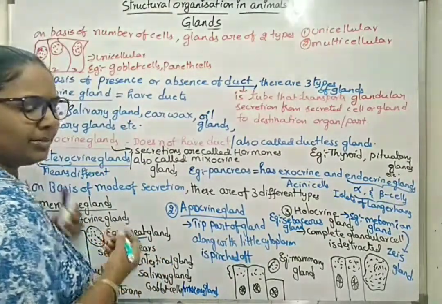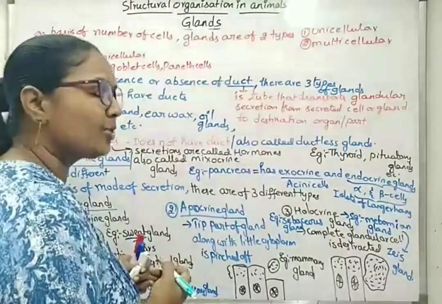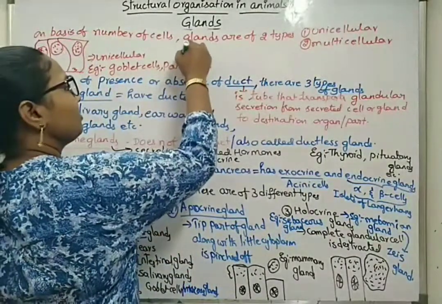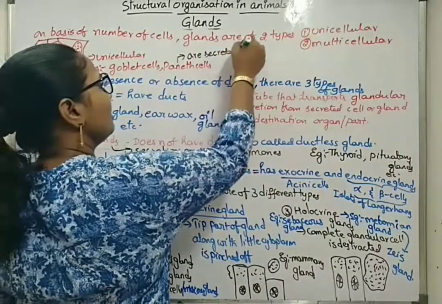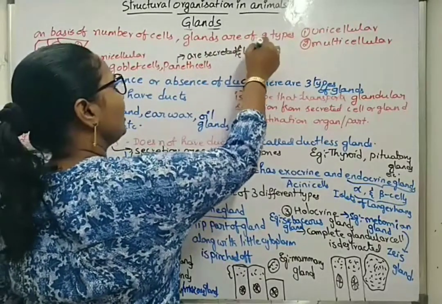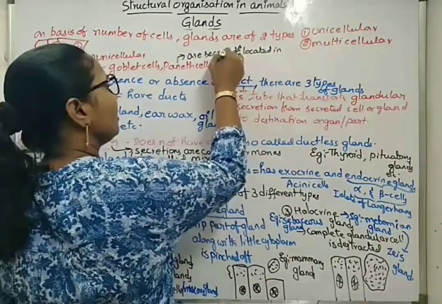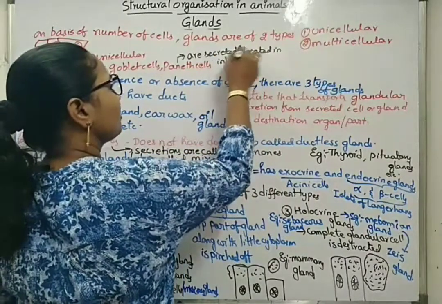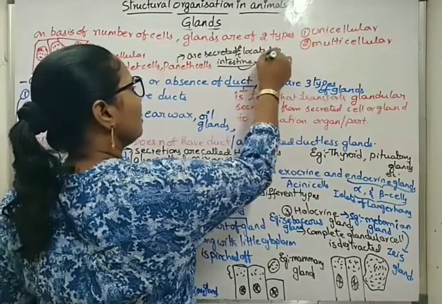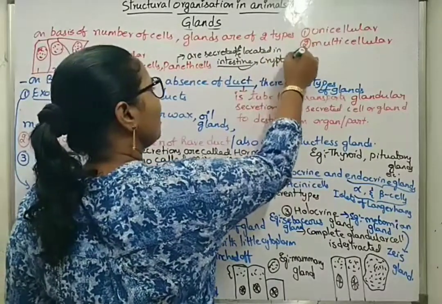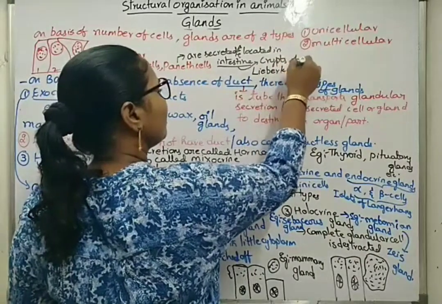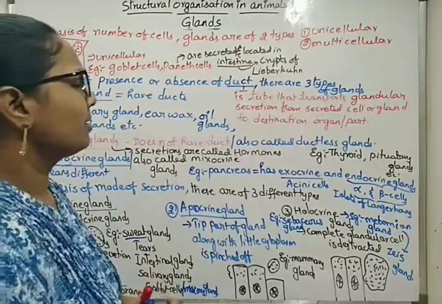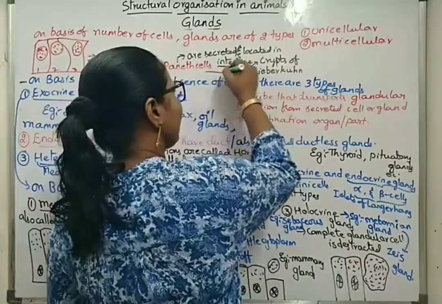They secrete some types of lysozymes, which are secreted and located in the intestine, in what we call the crypts of Lieberkuhn. So they secrete lysozyme enzymes.